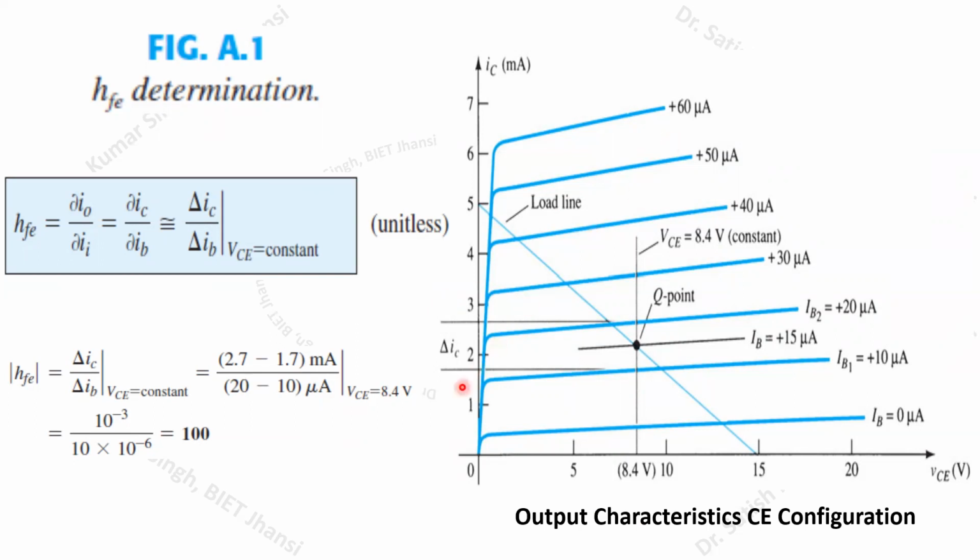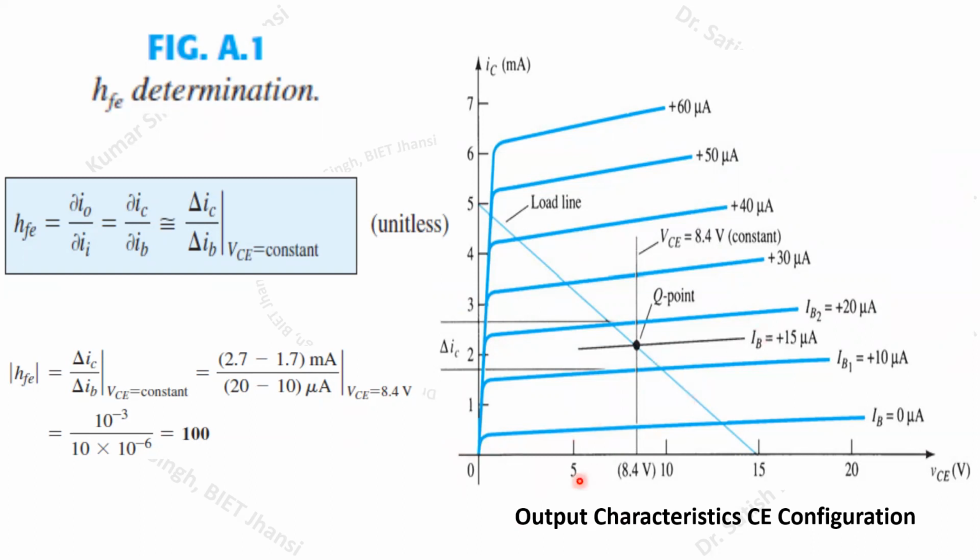In the common emitter configuration, we have two characteristics, one in the input loop and the other in the output loop. Here in the output loop, we have the output characteristics.